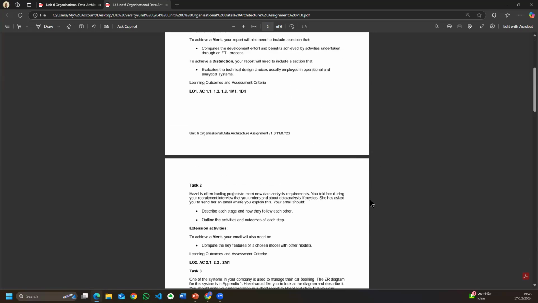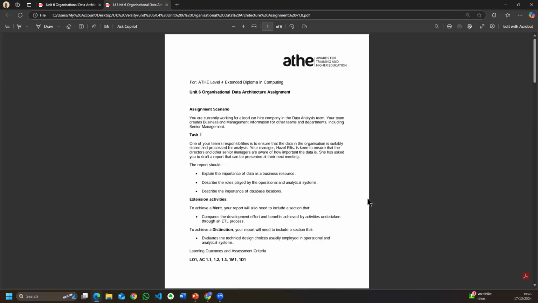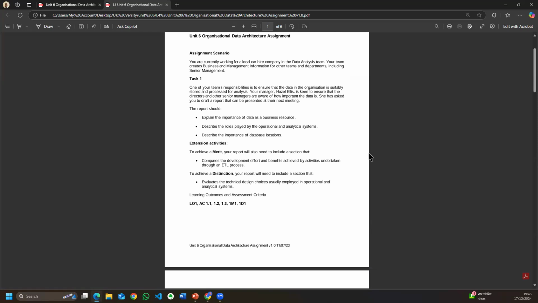In this assignment, we've been given 3 tasks. Our scenario says that we are currently working for a local car hire company in the data analysis team. Your team creates business and management information for teams and departments, including senior management. Task number 1: one of the team's responsibilities is to ensure that the data in the organization is suitably stored and processed for analysis.